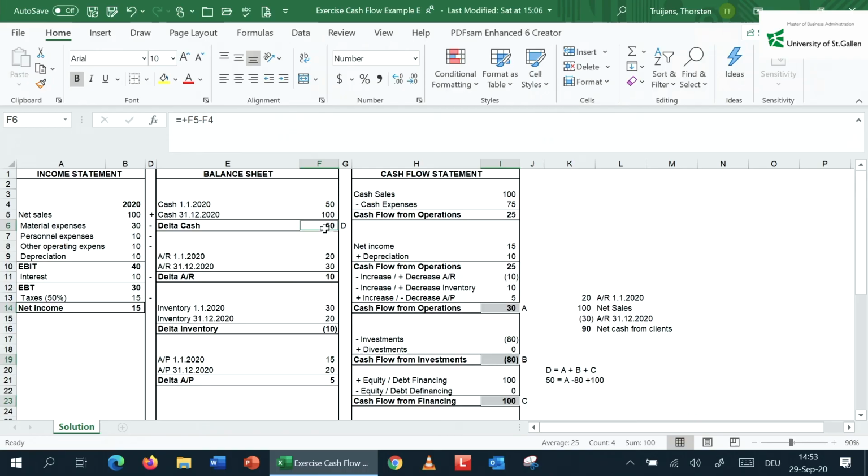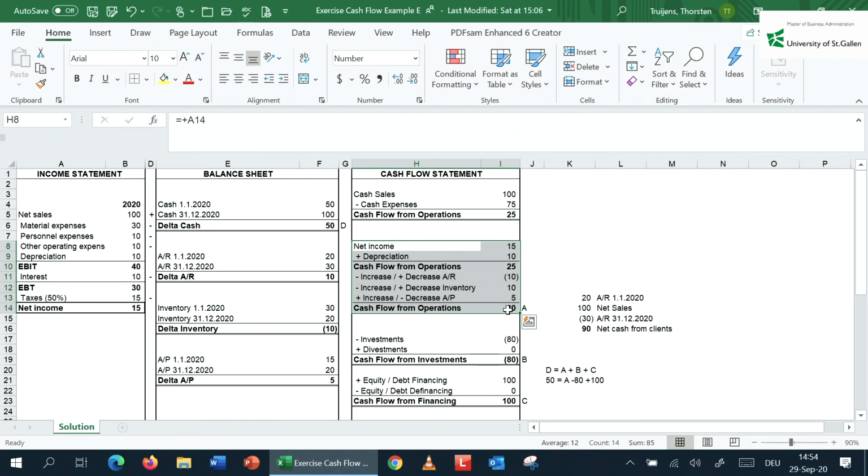Think about how you manage your personal finances. You don't have such fancy terms, but think about what your operating cash flow is. Your operating cash flow is the salary you get from your employer, minus your rent, minus your grocery bill, minus your telephone bill, minus whatever.